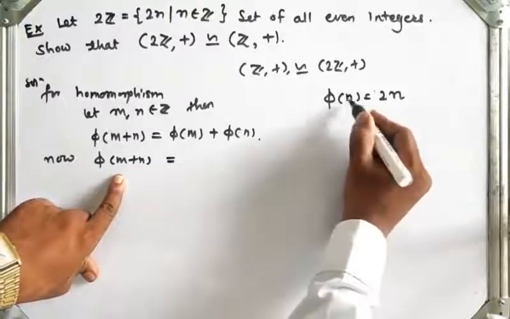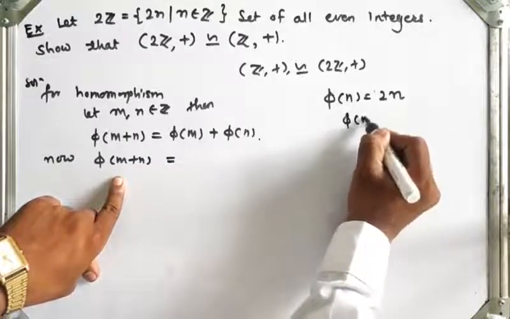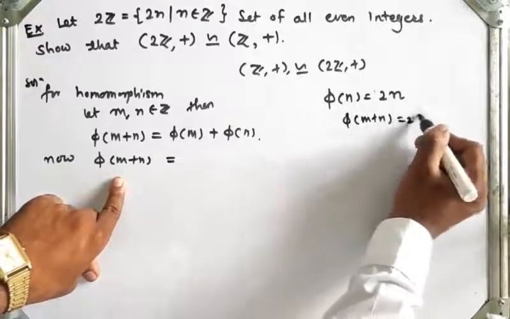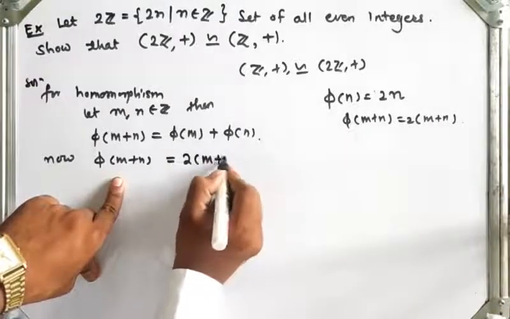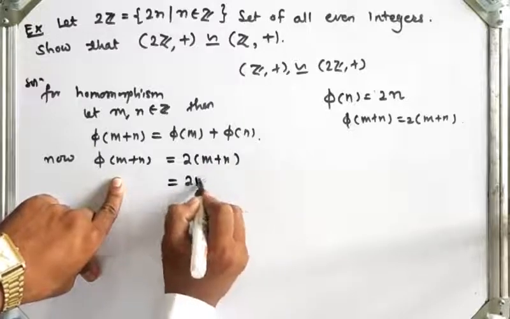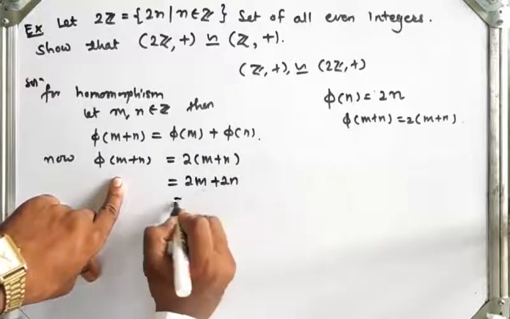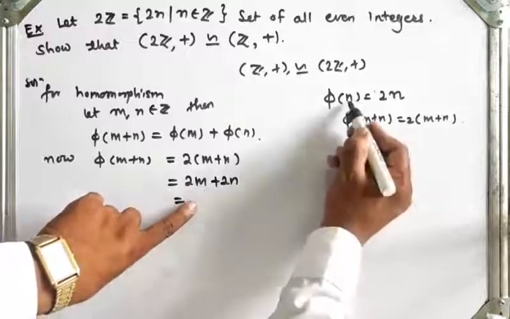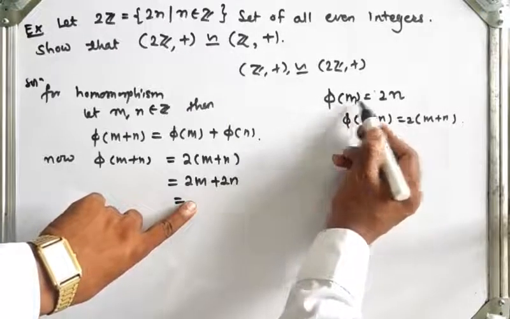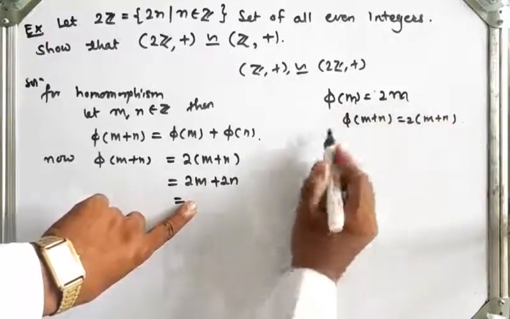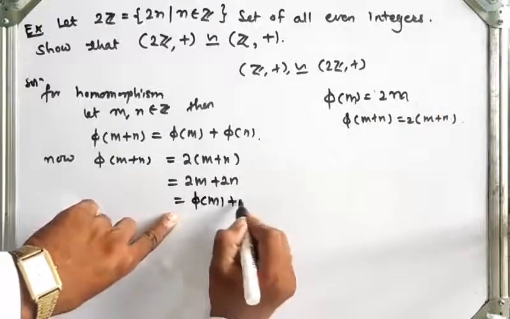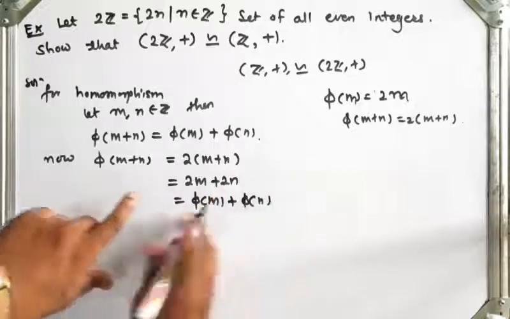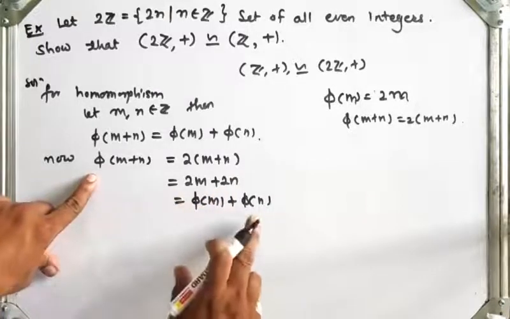Phi of m plus n is equal to 2 times m plus n. So I will write twice m plus twice n. So what is twice m? If n is replaced by m, then phi of m is equal to twice m. So this is phi of m and this is phi of n. So here phi of m plus n is equal to phi of m plus phi of n.